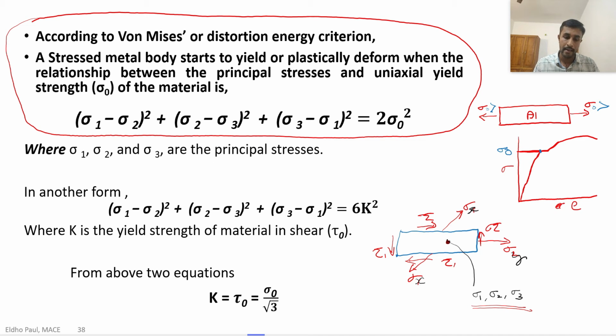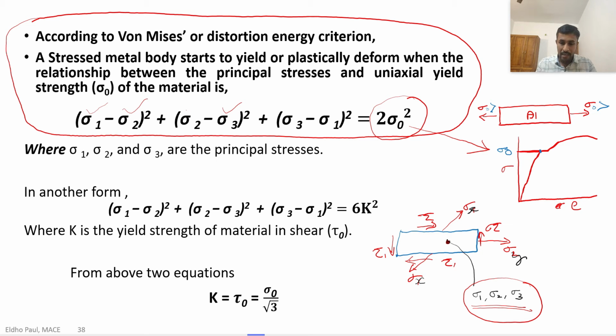In this yield criteria equation, these are the principal stress values at a particular point. Using these, we get the equation (sigma 1 minus sigma 2) whole square plus (sigma 2 minus sigma 3) whole square plus (sigma 3 minus sigma 1) whole square equal to 2 sigma 0 square. What is the sigma 0? Sigma 0 is this one.